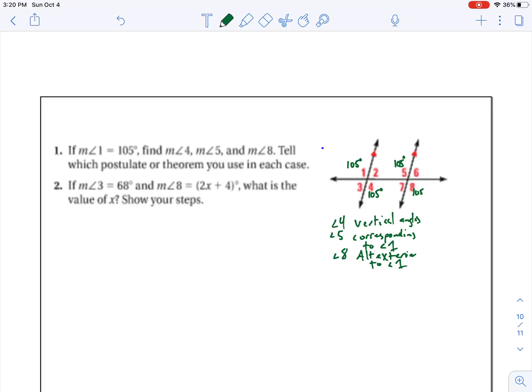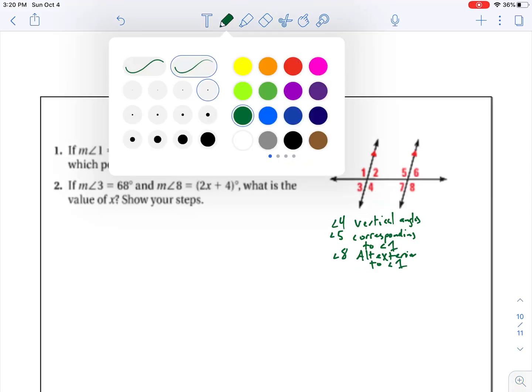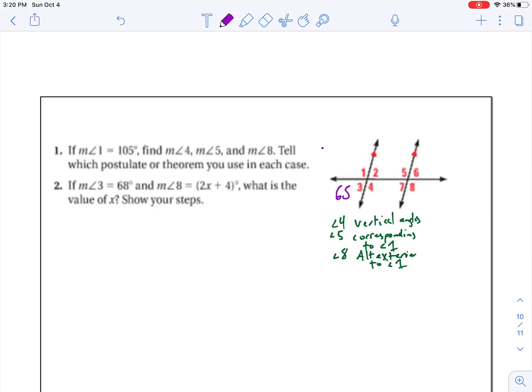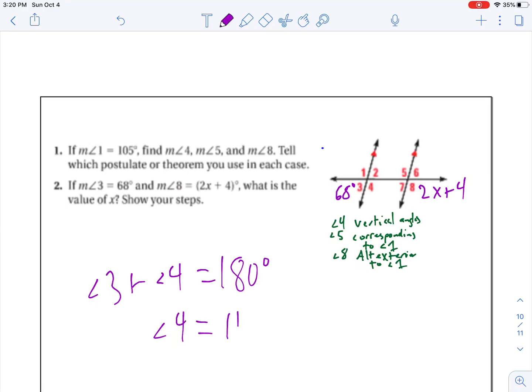Now for number 2, it says if the measure of angle 3 is 68 degrees, and the measure of angle 8 is 2x plus 4, they want you to find the value of x. Show your steps. Well, angle 3 plus angle 4, they form a linear pair. That would have to equal 180 degrees. That tells me angle 4 would have to be 112 degrees.